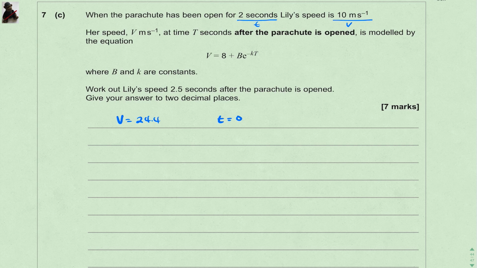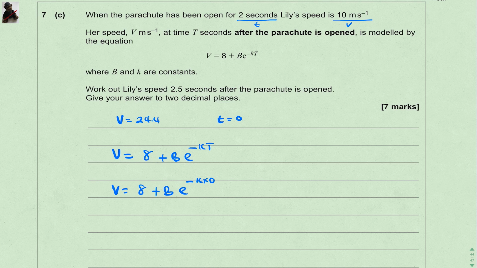So when t is 0, we can find b. If we look at the equation, v equals 8 plus b e to minus kt, and t is 0, so we get v equals 8 plus b e to minus k times 0.